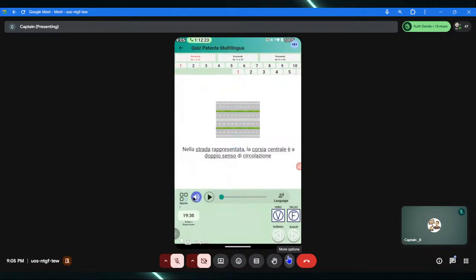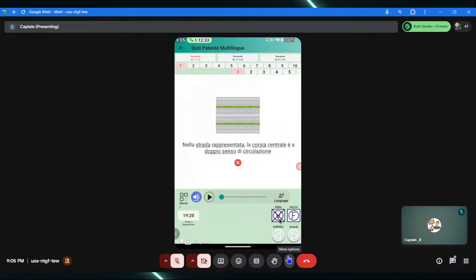Nella strada rappresentata, la corsia centrale è a doppio senso di circolazione. Vero. Le strade rappresentate, la corsia centrale è a doppio senso di circolazione. You talk about the center one, no? This is not corsia.